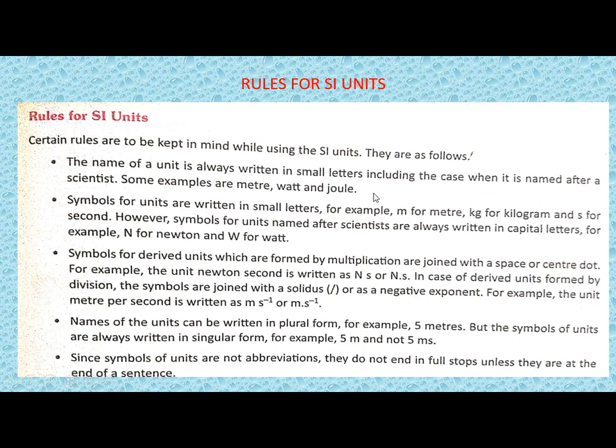So there is one difference: if the unit is named after a scientist, and you must know that Newton and James Watt were scientists, then its symbol will be written in a capital letter. Here N stands for newton, and W stands for watt, and both are written in capital letters.